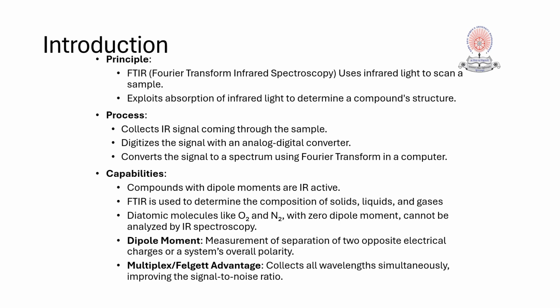Then the signal is digitized by a device, that is ADC, analog digital converter. It converts the signal to a spectrum later by using Fourier transform, and the spectrum obtained finally gives an idea about the structure and identity of the sample.